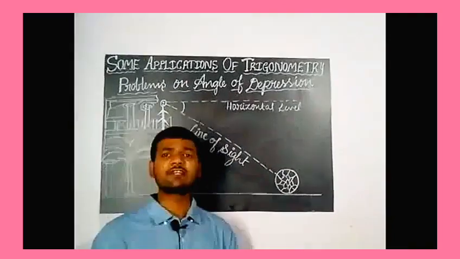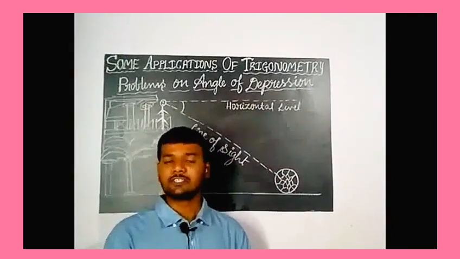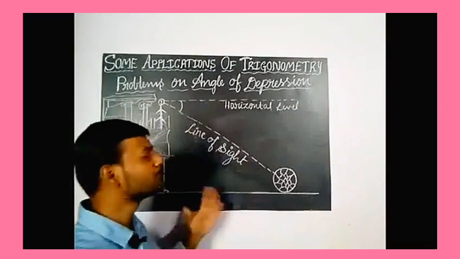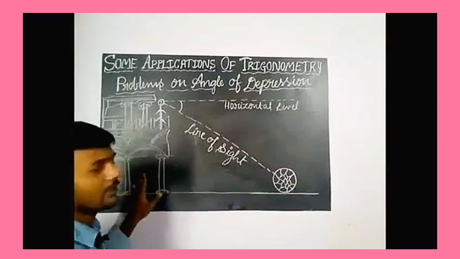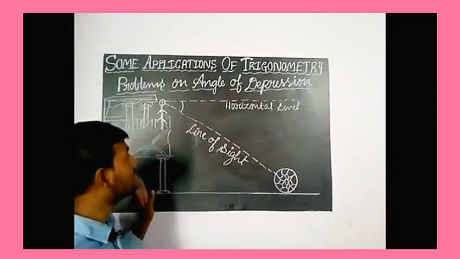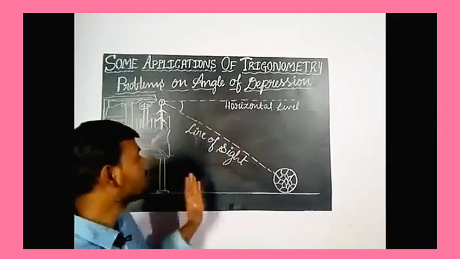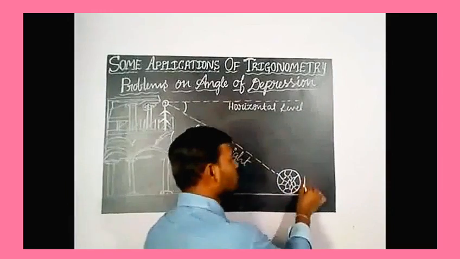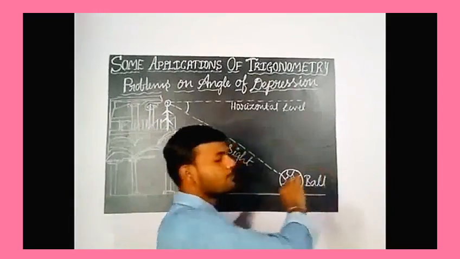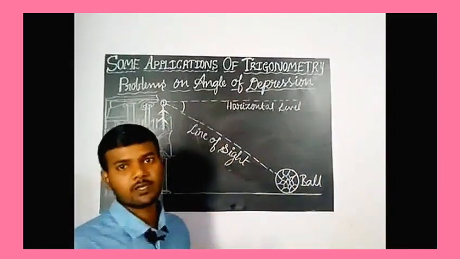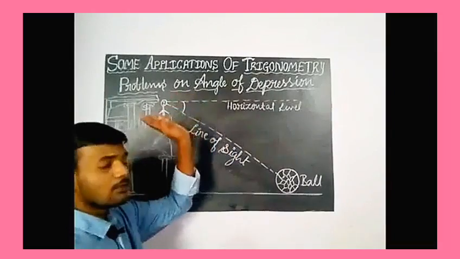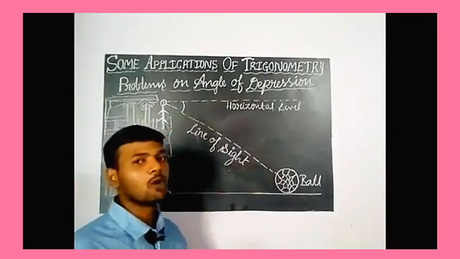So here I'm going to consider a situation. Here is a building. On the top of the building, there is a person standing and he is looking at the ball. Here is a ball on the ground, which is just apart from the building, and the person is looking towards that ball downward.